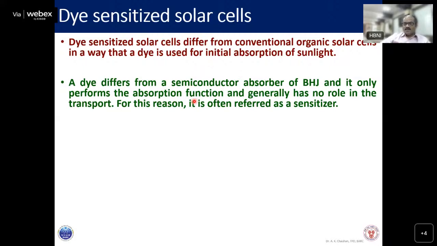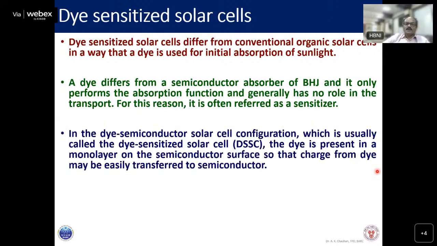Because in DSSCs the dye is used only for the purpose of absorption, it is often referred to as a sensitizer. In the dye semiconductor solar cell configuration, the dye is the sensitizer, and next to that sensitizer a semiconductor is placed. That is usually TiO2 in most common applications.